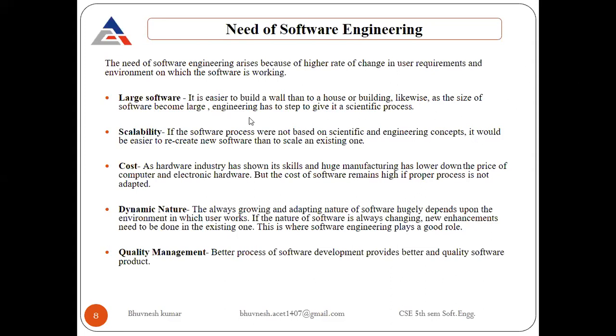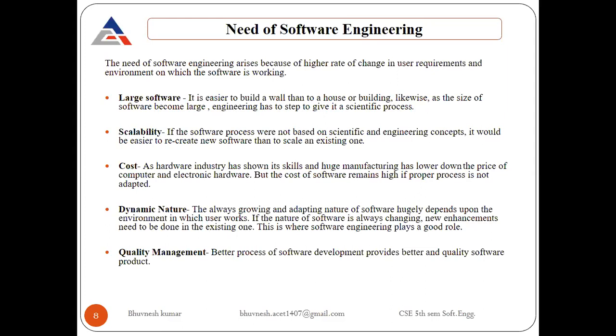As the size of the software becomes large, engineering has to step in to give it a scientific process. It means, first of all, we go through a first phase where we collect the requirements, then we analyze them, then we plan the product, then make a design.